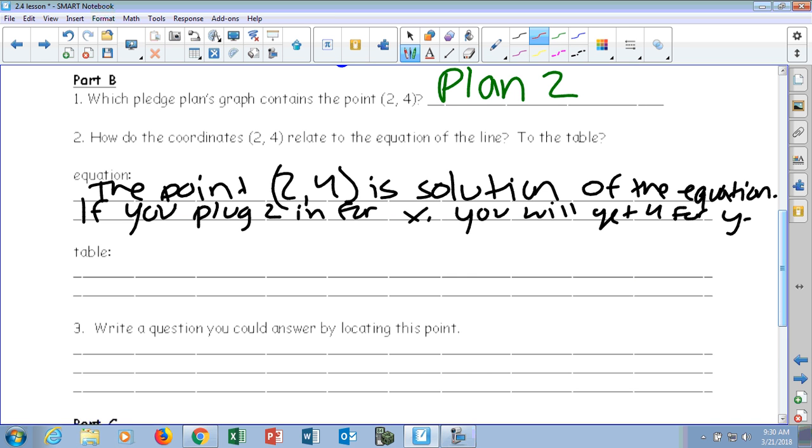Our plan 2's equation was y equals negative x plus 6. So if I plug in a 2 for my x, and I solve for y, my y should be 4. If not, then that plan's not correct. It doesn't go through that plan. In this case, we know it does because we looked at our table.